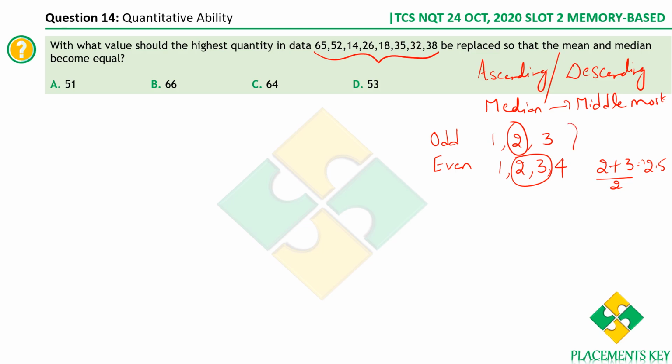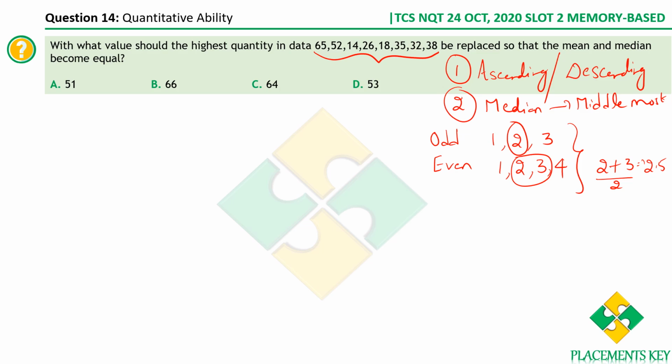Both the examples that I've taken are arranged in ascending order, small to big. Only after that do we find the middlemost term. This will be the second step while computing the median. I hope this is clear for everyone.